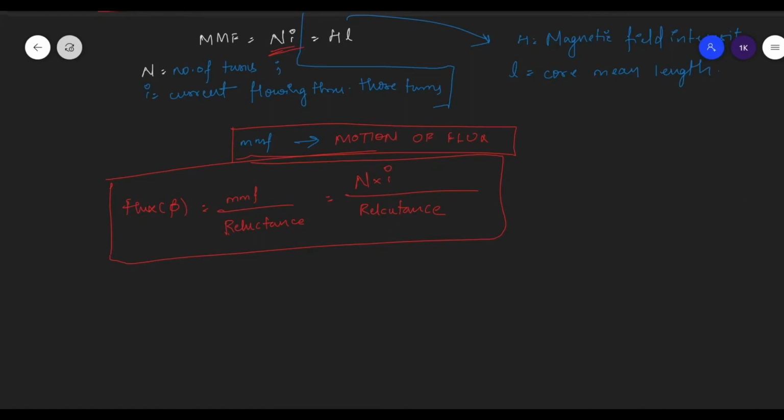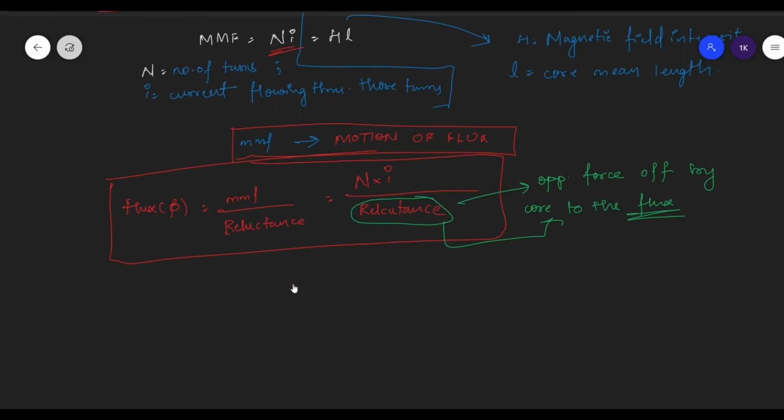Similarly, reluctance is the opposition force offered by the core to the flux flowing through it. Simply you can say that whatever opposes the flux is nothing but your reluctance value. So this is reluctance.